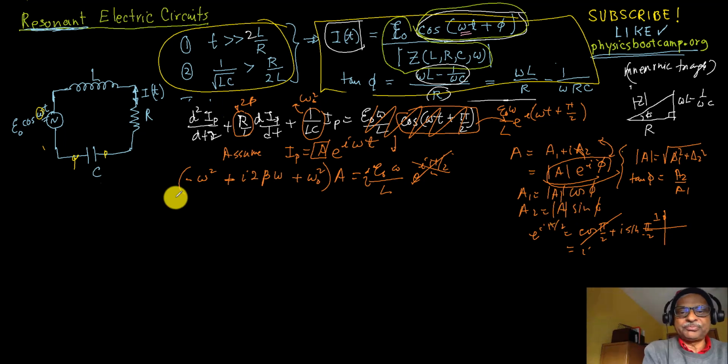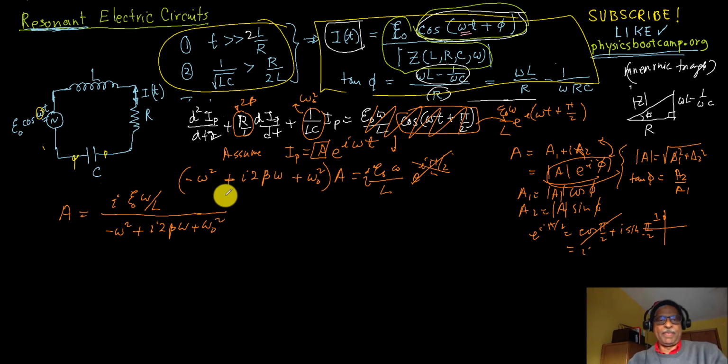So A, which is the amplitude of the current, is going to be i E naught omega over L, over minus omega squared plus i 2 beta omega plus omega naught squared. Because we have written the answer this way, let's work out the denominator.